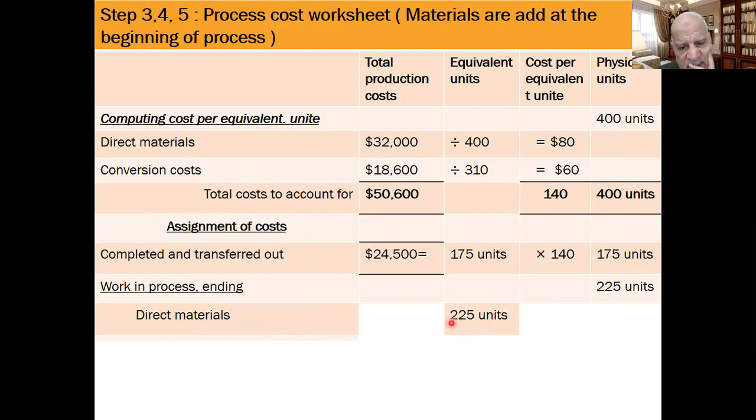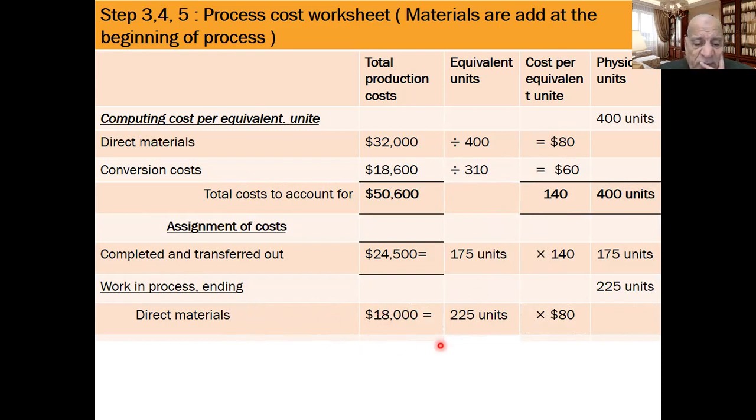So multiplying this number of equivalent units by the cost per equivalent unit of material, $80, we will have $18,000. This means that the work in process at the end of the period will be assigned $18,000 as for direct materials.